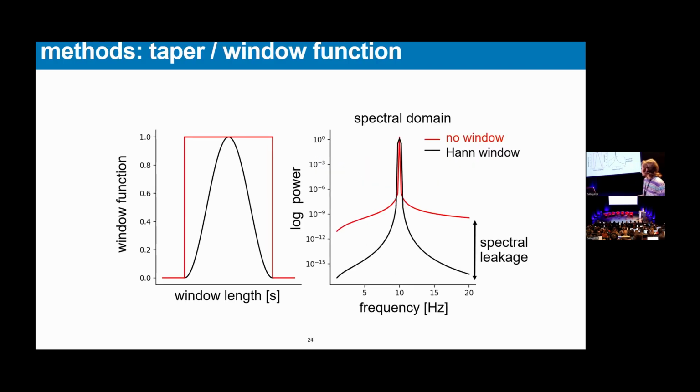And you can see how it looks in the spectrum if you just have a very simple sine function. If I use the taper, if I use a specific window function, I can attenuate spectral leakage. That means I can reduce the influence of these edge effects, so to say.